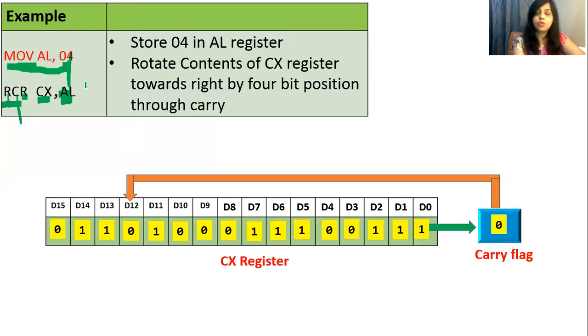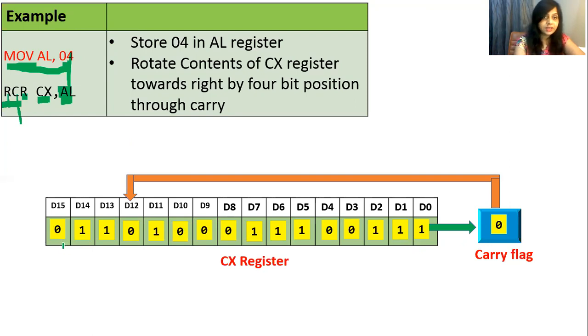If you want to rotate it 8 times, enter 8 into AL register and here simply write AL. This is also a correct format. You can write a register in place of data. Now let's assume that these are the contents of CX register. Every bit will rotate towards right by 4-bit position.